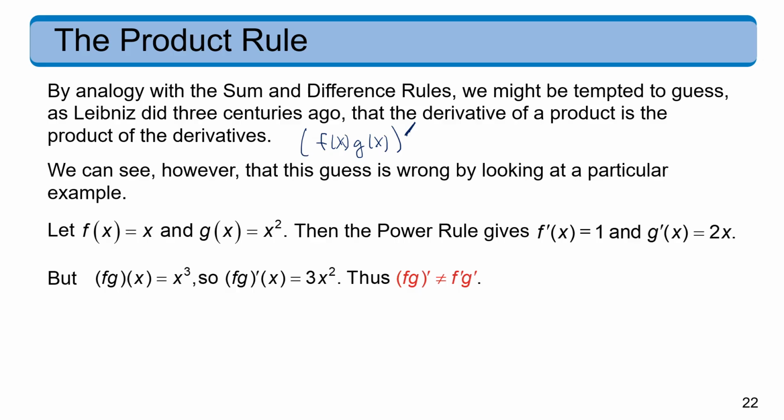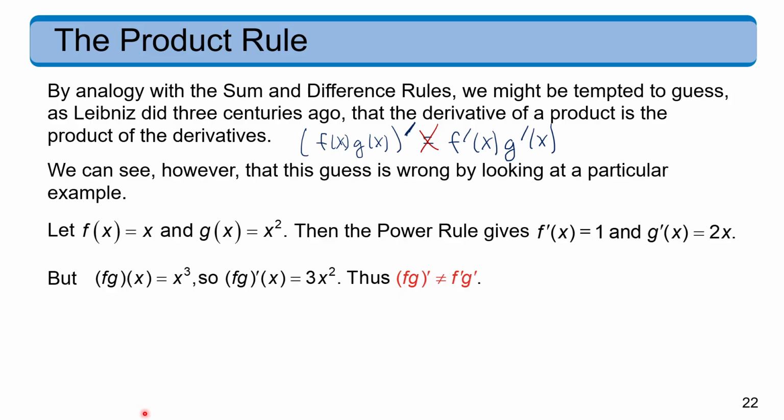So it's natural to guess that this would be the same as f prime times g prime. And Leibniz, one of the founders of calculus, made that guess also. But it turns out that's not true. Okay, so I'm going to put an X here. This is not true.